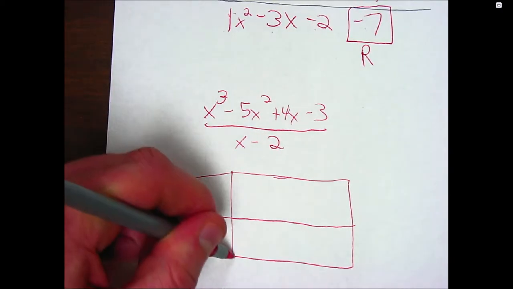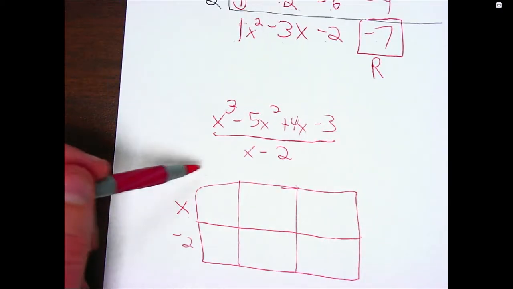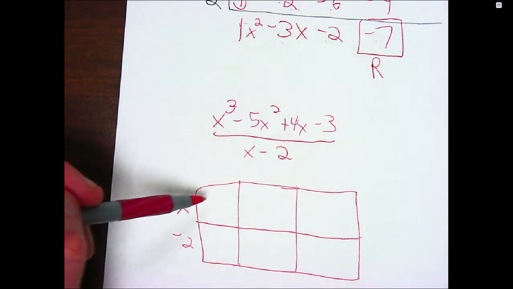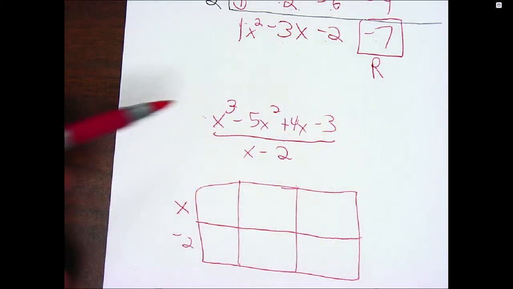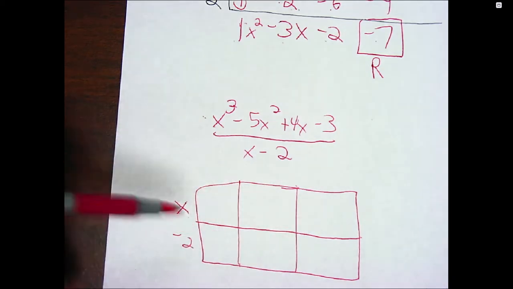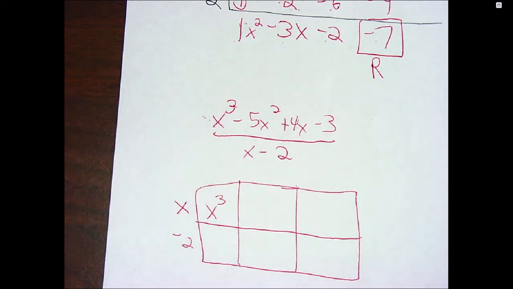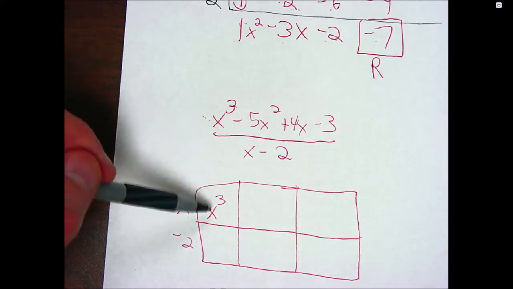And basically, I'm trying to figure out what goes across the top of the generic rectangle to make the inside boxes equal this numerator. So the numerator is sort of the answer. And so I know my upper left-hand corner has to be x cubed. That first term goes in that upper corner.